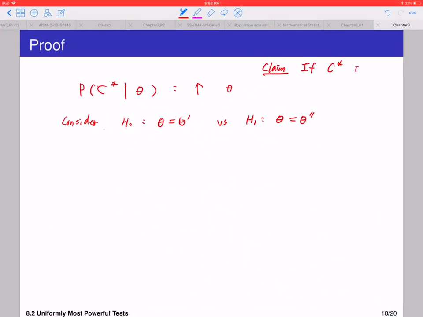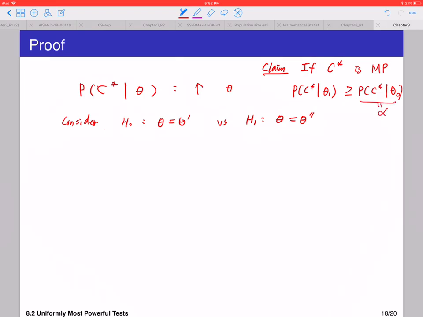sorry, should it be zeta 1, zeta 0. So this is alpha, right?